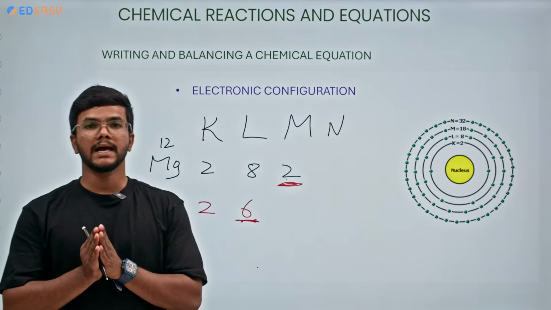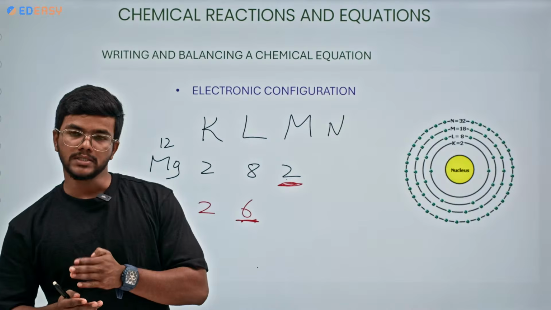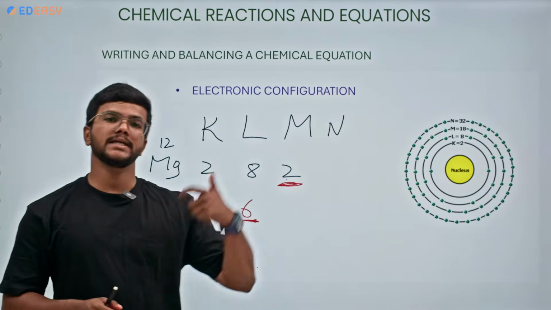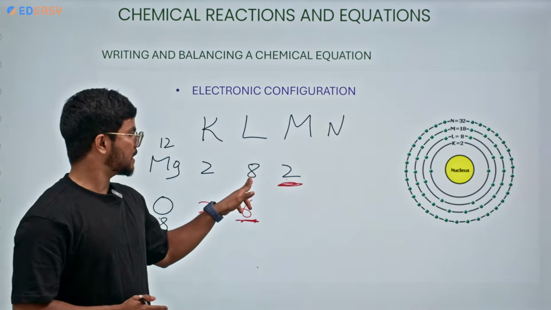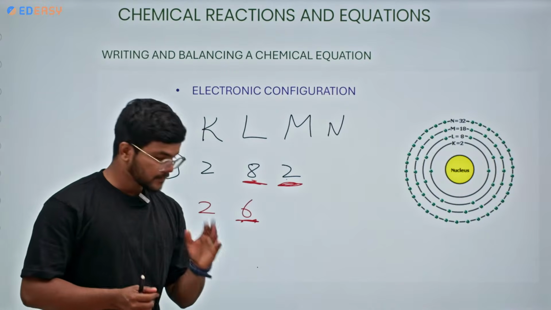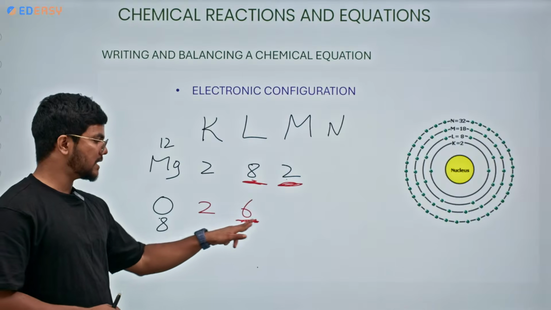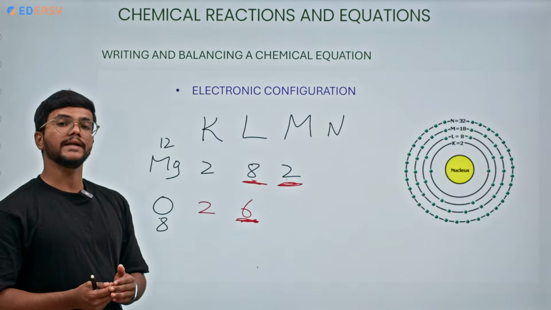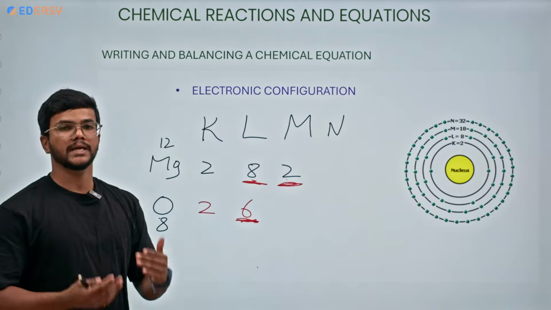So when there are less than 4 electrons, the atom will try to donate its electrons to reach the stable state, which is 8 electrons in the outermost shell. Whereas oxygen, having 6 electrons in the outermost shell, will try to take electrons to become stable.